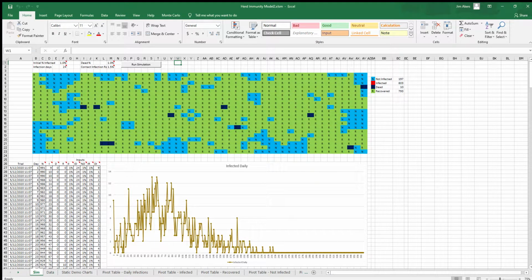Okay, so now we've got some big regions where the virus wasn't able to penetrate. So we had 197 people never infected, about 803 infected, 10 died total, 793 recovered. Remember, when you're thinking about that didn't die here, though, we did have some deaths, and again that number will vary. But we had 197 people never infected at all.